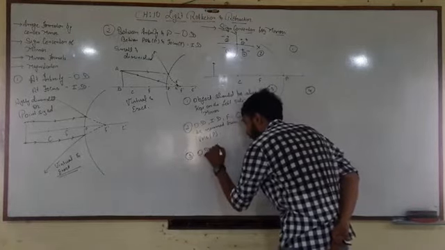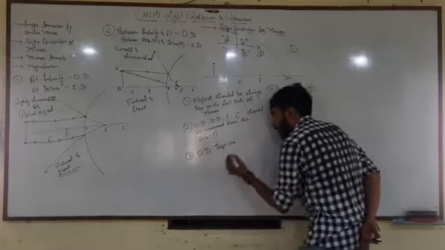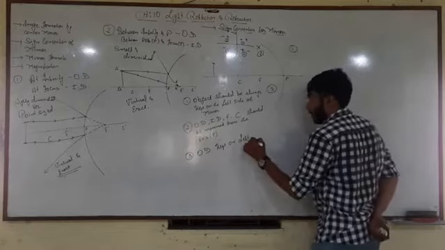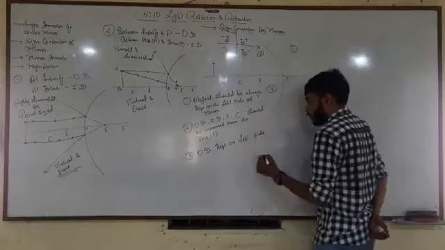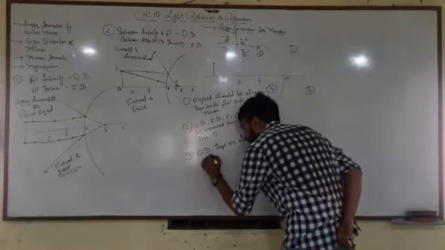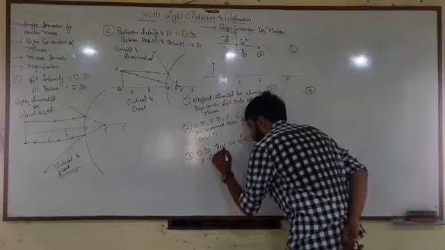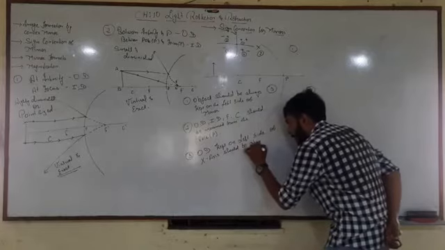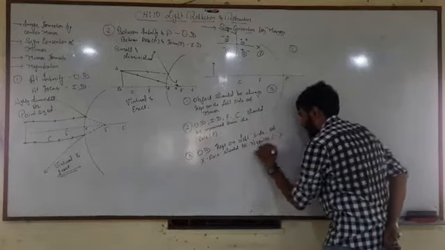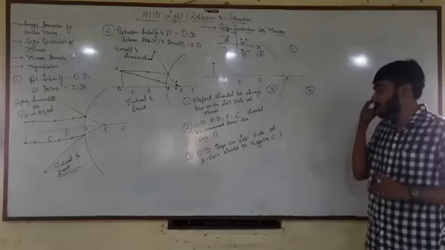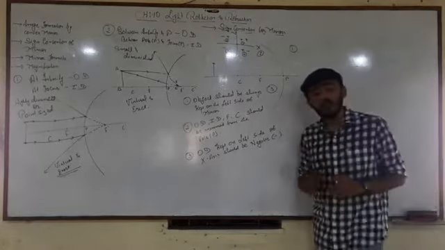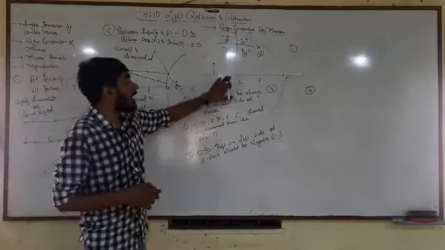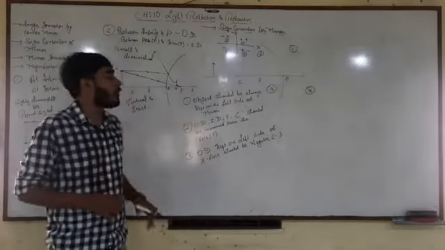Object distance kept on left side of x-axis should be negative. I hope you are clear with this. Anything on the left hand side, and that is the object distance, will always be negative.